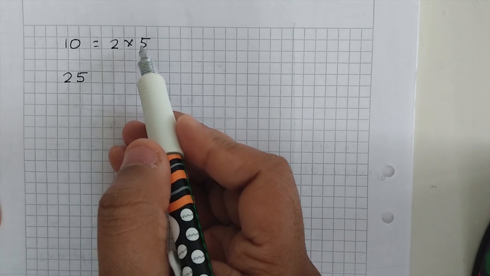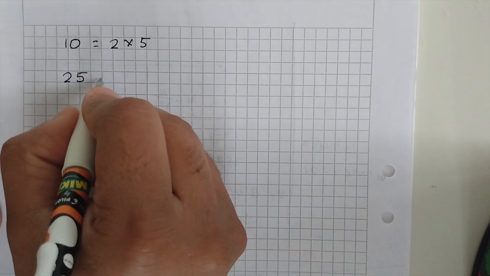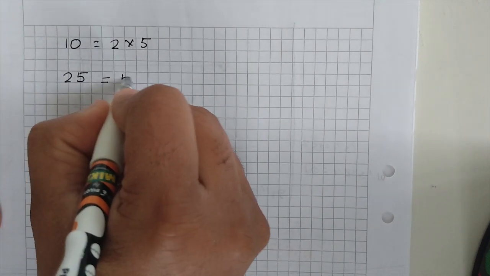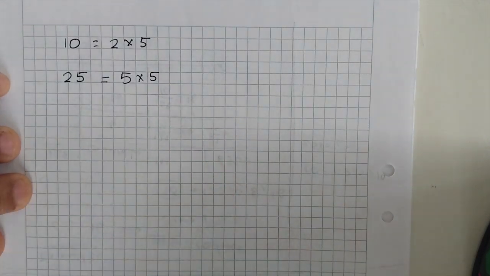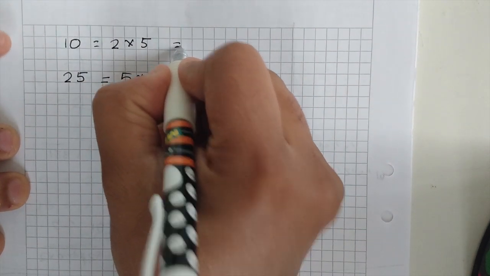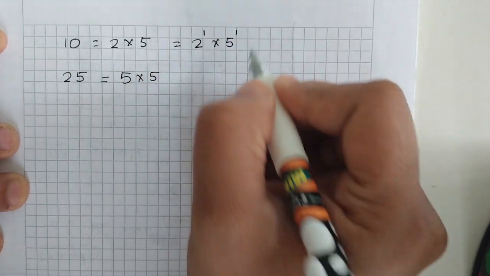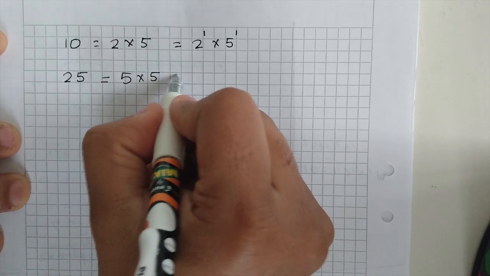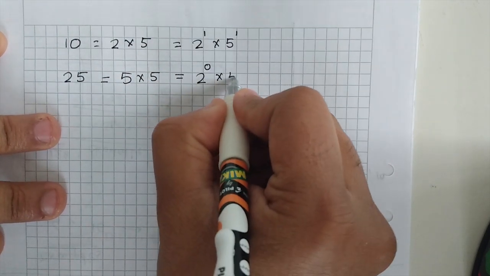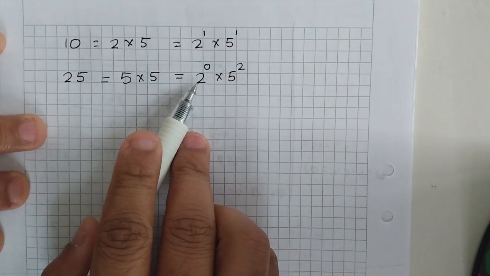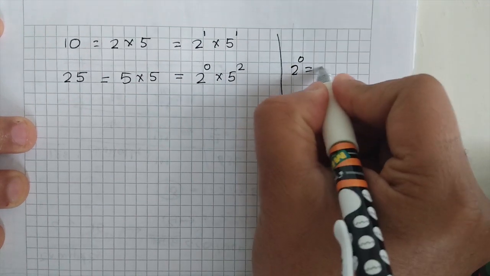It cannot be broken down more because 2 and 5 are both prime numbers. 25 is 5 times 5, which also cannot be broken down more. So we can write this as 2 to the power 1 times 5 to the power 1. In the case of 25, we can write it as 2 to the power 0 times 5 squared, because anything to the power 0 is 1.